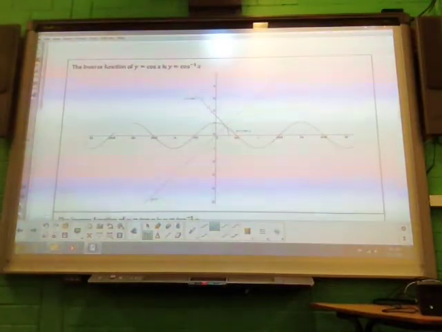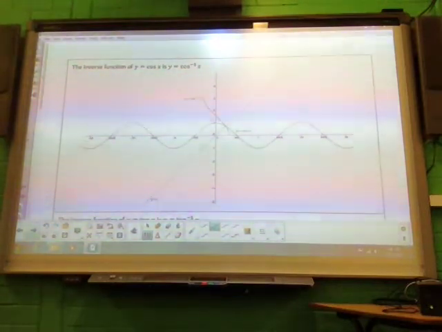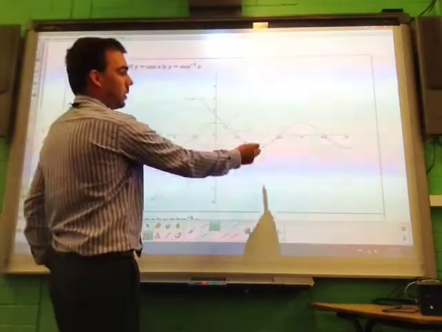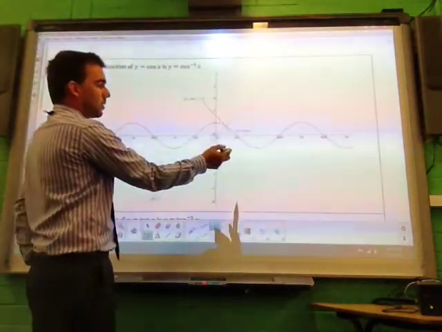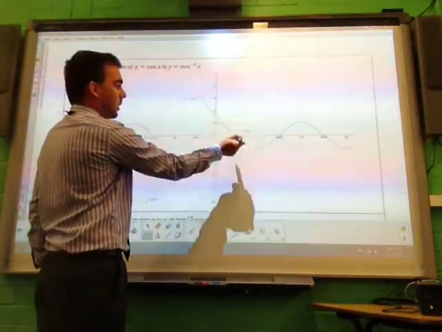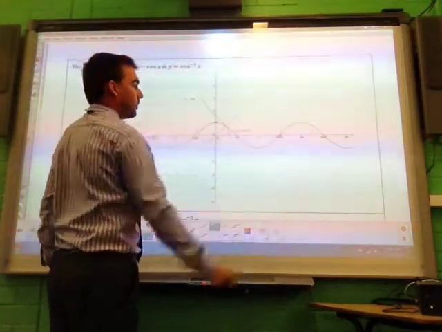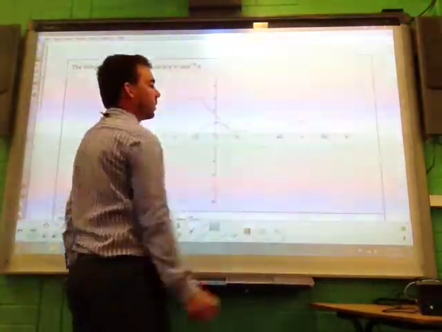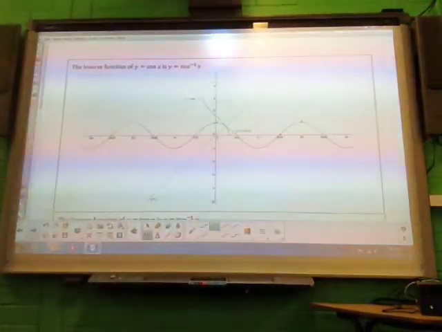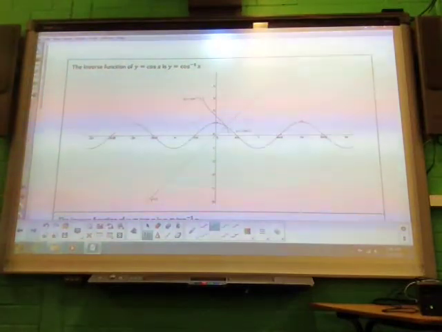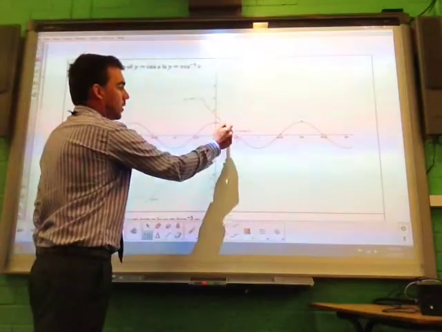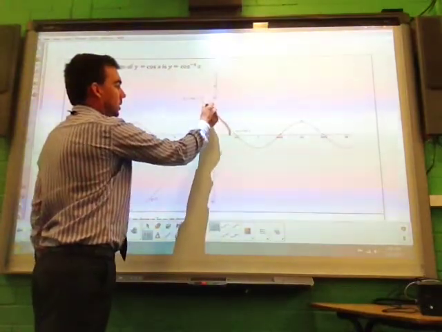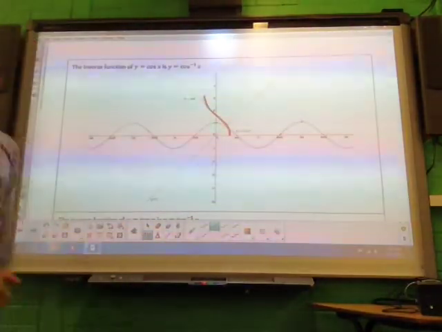Alright, same with cos of x, so we take the inverse function of that. Here's our normal cos curve. There, we restrict the domain, from here to here. To restrict that domain, we fold it over, the reflection on the line y equals x, and then we're going to have the cos inverse function like that.